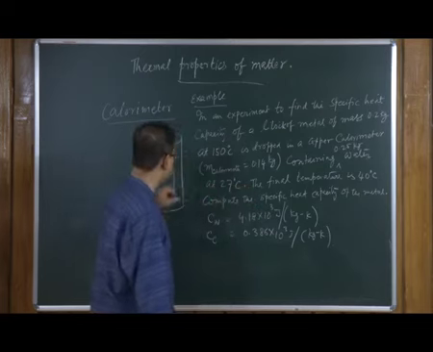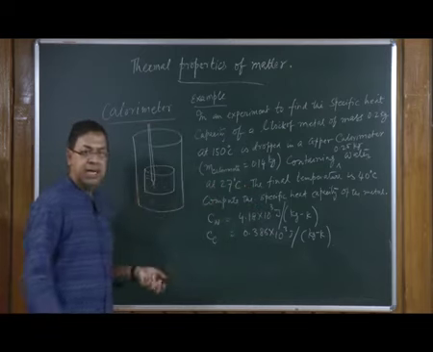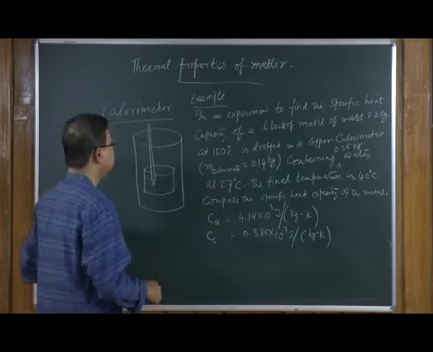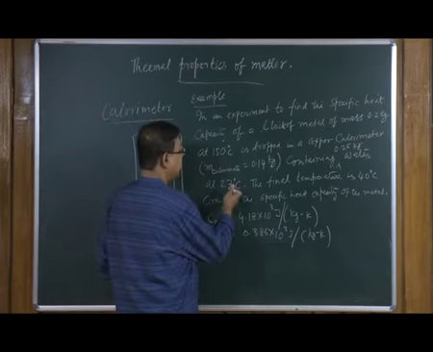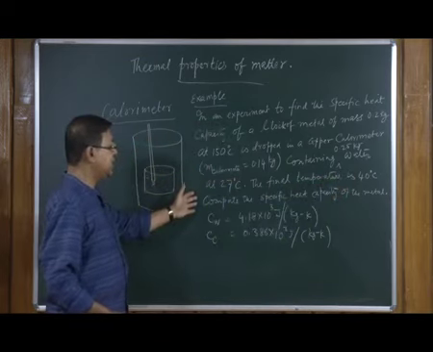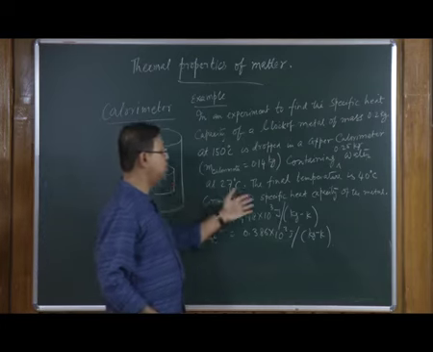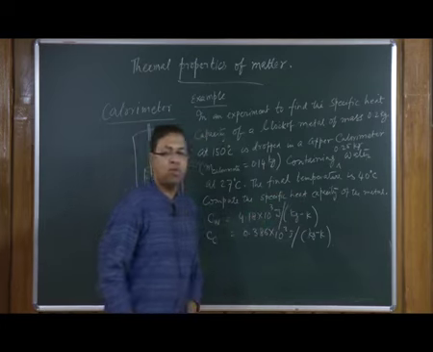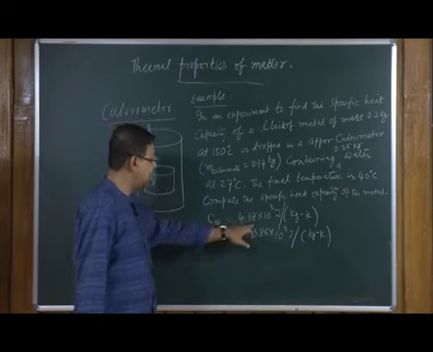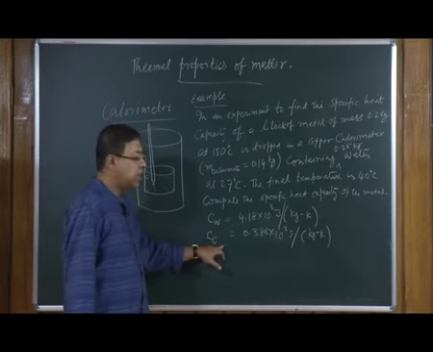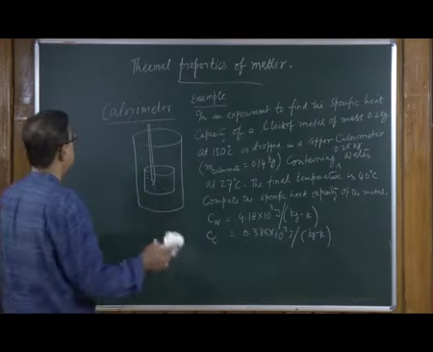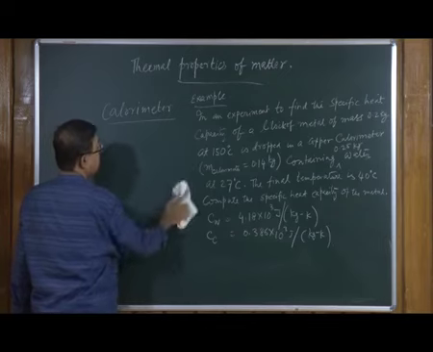After the thermal equilibrium is achieved, that is, heat will flow from the hot block of metal to the cold water, the final temperature is 40 degree centigrade. So, using these data, one has to compute the specific heat capacity of the metal, and it is given that the specific heat capacity of water is this, and the specific heat capacity of the copper calorimeter is this. Okay. So, I will remove this for now in order to do the problem.